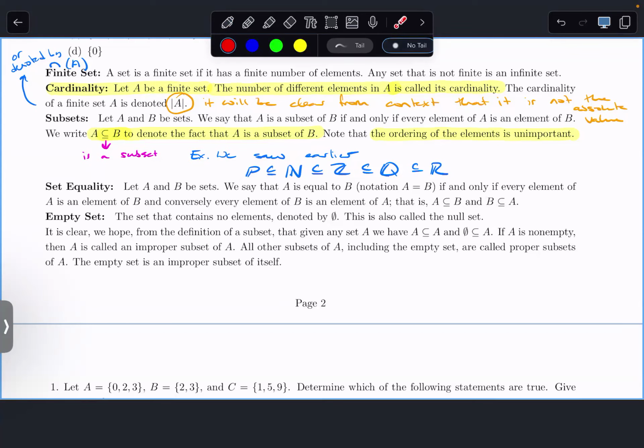If I say A equals B, we know that a capital A and a capital B denote sets now, right? And so what if I tell you that they're equal to each other? Then you would say, that must mean that they have the same elements, right? Otherwise, how could they be equal? And that's exactly it.